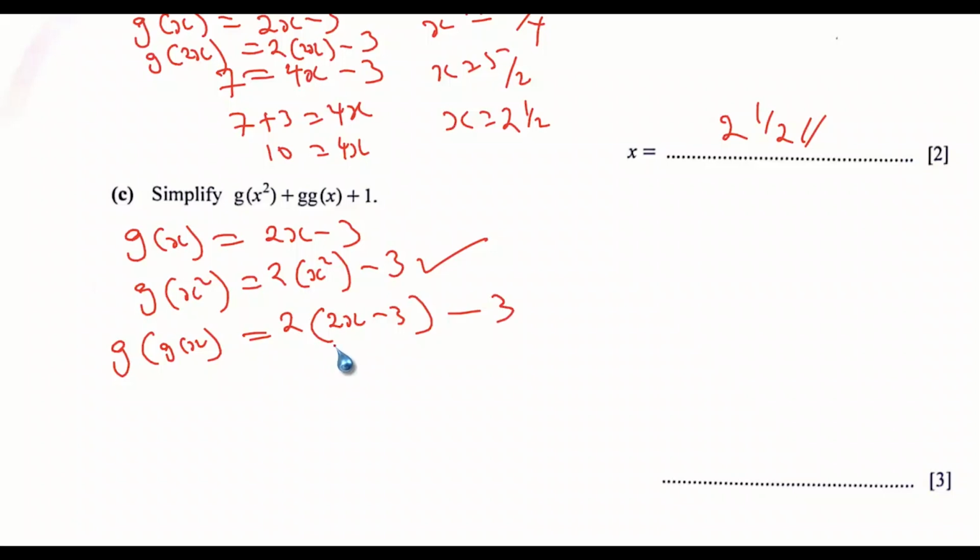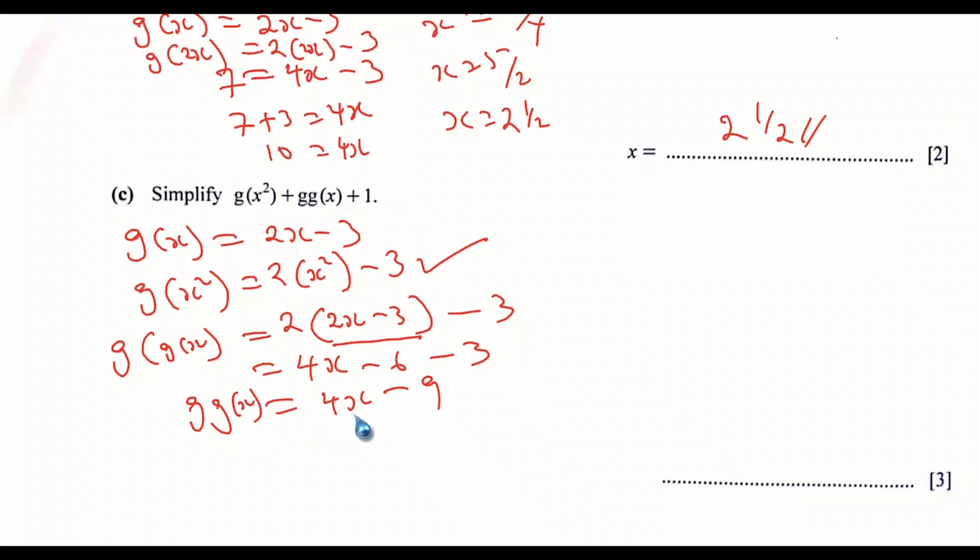So I have passed g of x into x. So this will now be, let's expand the bracket, 4x minus 6 minus 3. That will be minus 9. So this is gg of x.